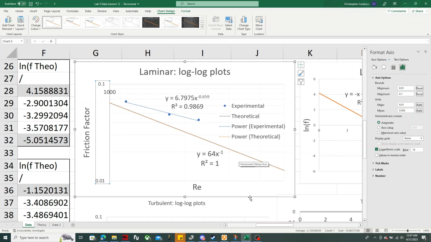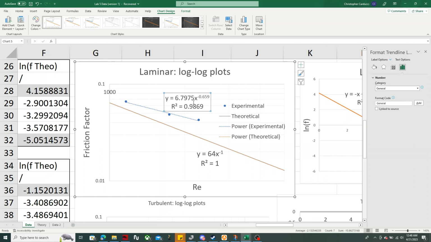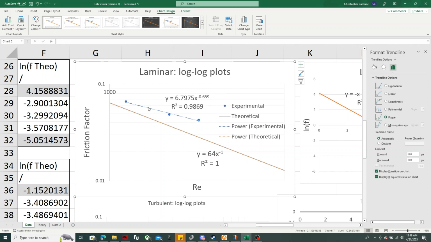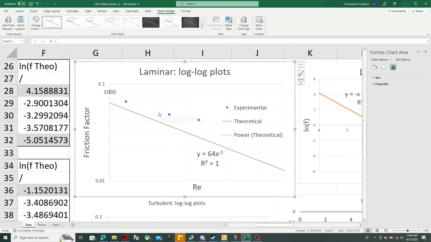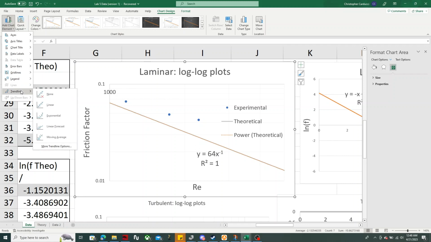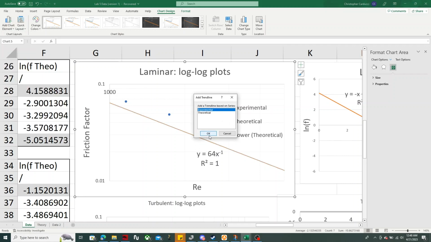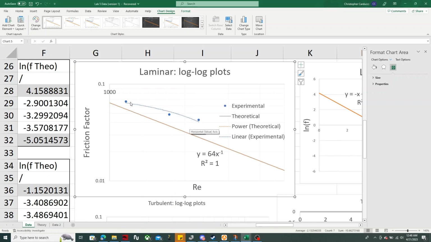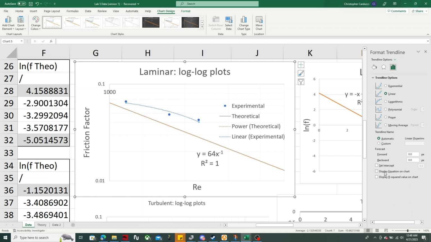Apologies. So we can see here I have plotted power trend lines. Let's pretend you don't know how to do that. What you're going to do is go over here to add chart elements, go to trend line. For now, just click linear. We're going to change it. Select experimental. You can see when I try a linear trend line, it doesn't connect the points that well.